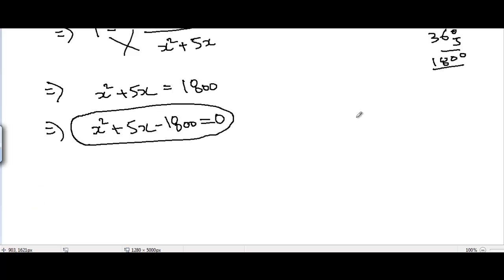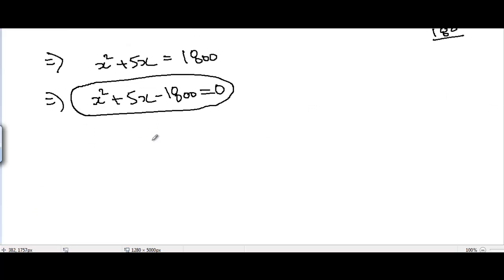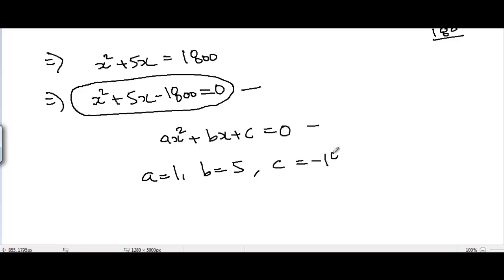This is a quadratic equation. Now we will solve it using the quadratic formula. We compare this with the general quadratic equation ax square plus bx plus c equal to 0, and we get a equal to 1, b equal to 5 and c equal to minus 1800.